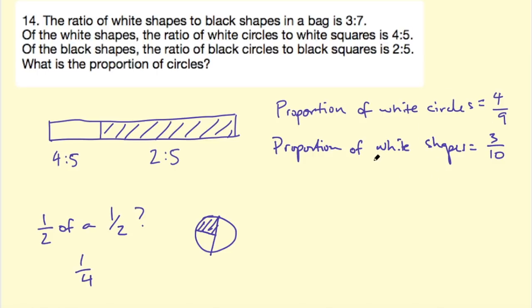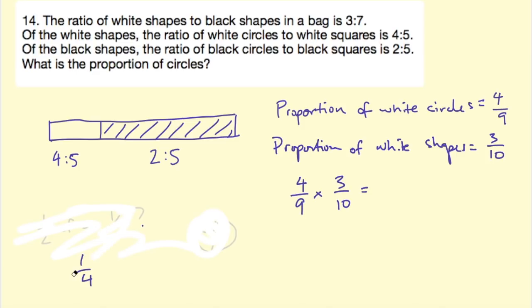What does that mean for our question? So I've got the proportion of white circles and the proportion of white shapes. So I want to find out 4/9 of 3/10 to get the proportion of white circles to total shapes. So I'm going to do 4/9 multiplied by 3/10 to get the proportion of white circles, and then I need to do the black circles, and then I can add those together to get the answer.